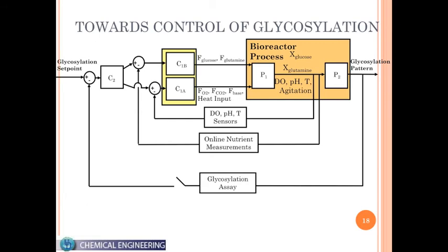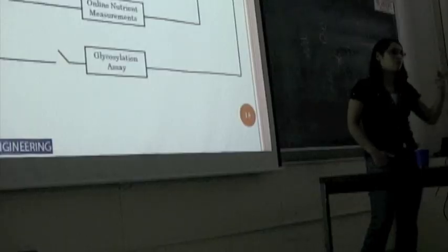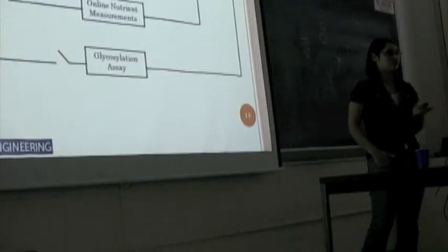You can imagine that if you're only getting this every 2 days or so, and you try to feed this into a controller, it's very hard to do feedback control because you have such a long delay between your measurement and what you're trying to do to your process. How long does the batch usually last? The batch usually lasts about a week. So if it takes you 2 days to do your sample, you've already gone well into your batch.